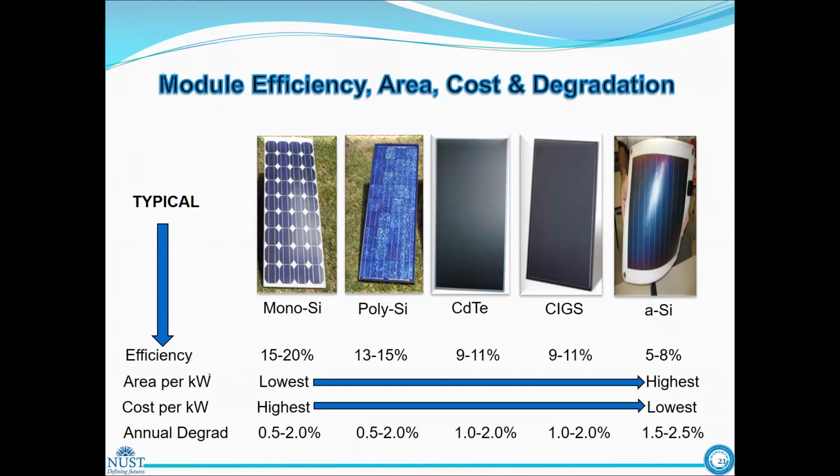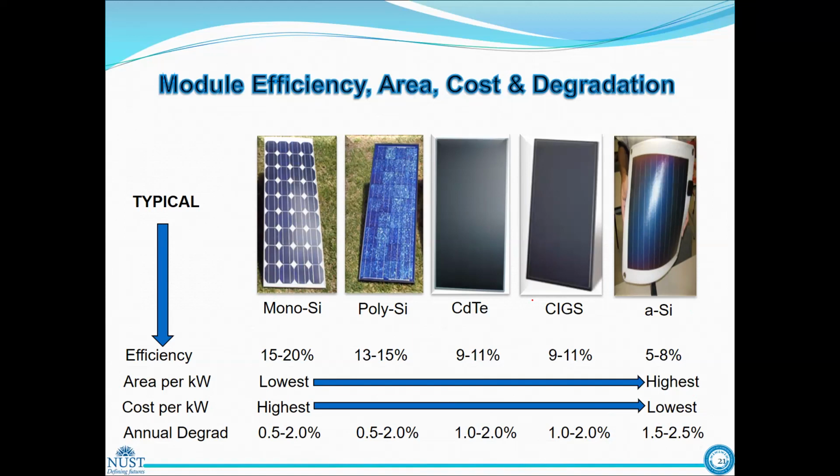The area required per technology also varies depending on the efficiency. You can see the lowest area is required for monocrystalline, and similarly, the highest is required for amorphous silicon. But on the same side, the cost is also highest for monocrystalline and lowest for amorphous silicon. So this is a trade-off between area and cost.